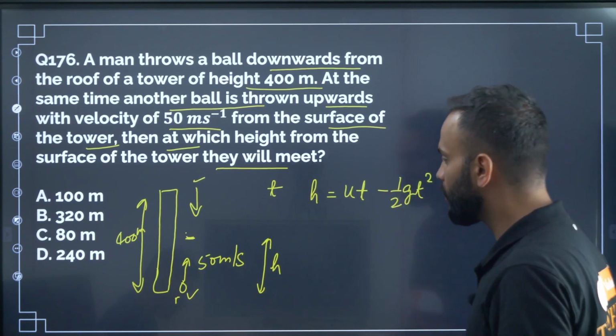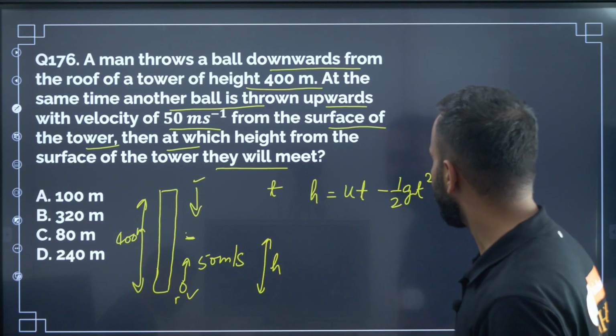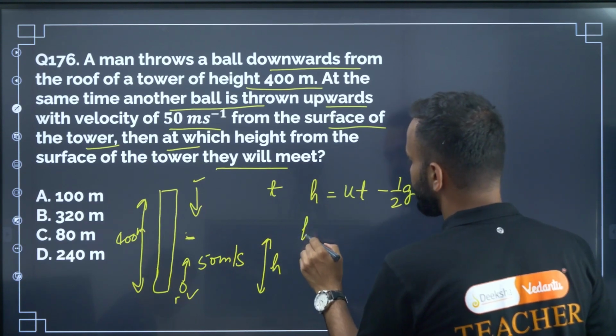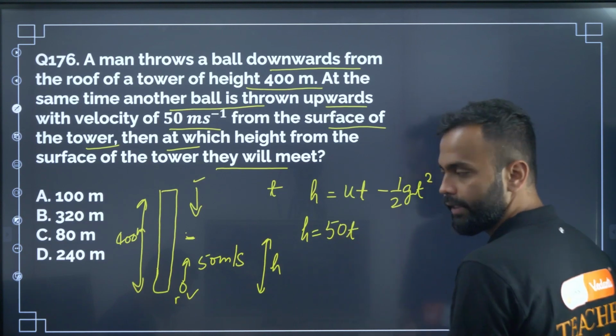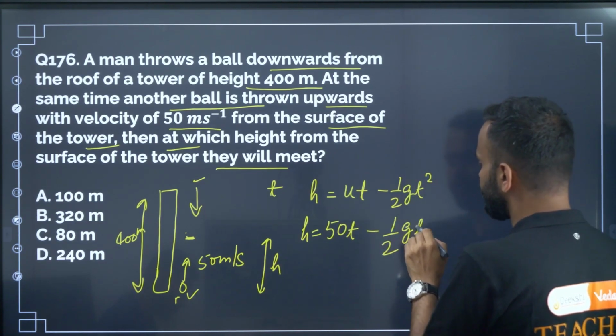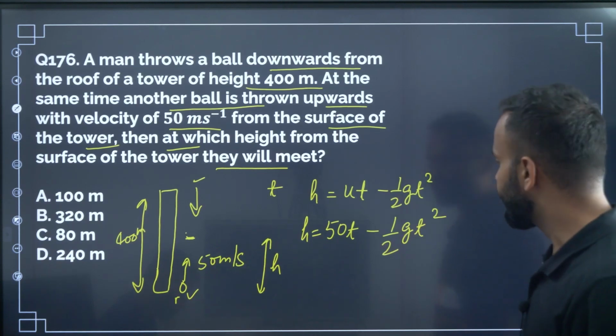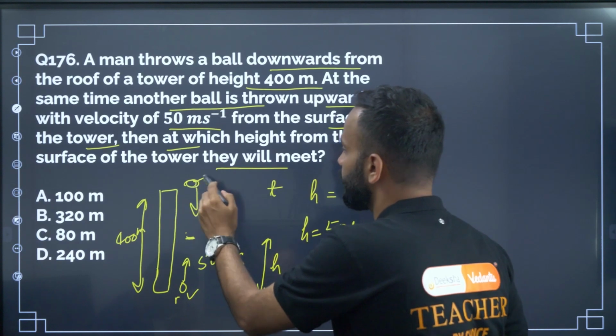Why minus here? Because the ball is moving in upward direction, acceleration due to gravity is in downward direction. So now h is equal to, u is 50 into t, minus half g into t².